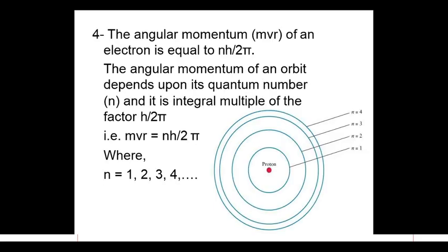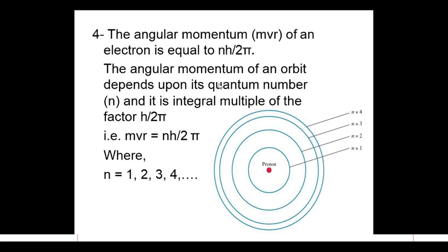Now the fourth point: the electrons are revolving in a circular orbit, isn't it? So the electron will have an angular momentum. What is the angular momentum? That is mvr. And the angular momentum of the electron is an integral multiple of h by 2 pi.